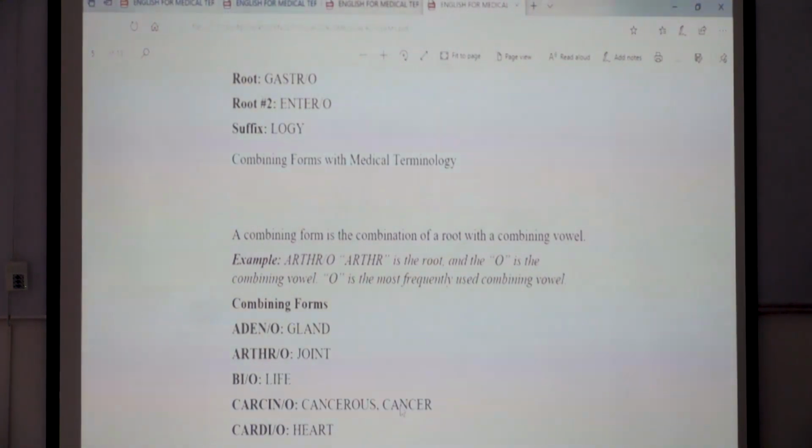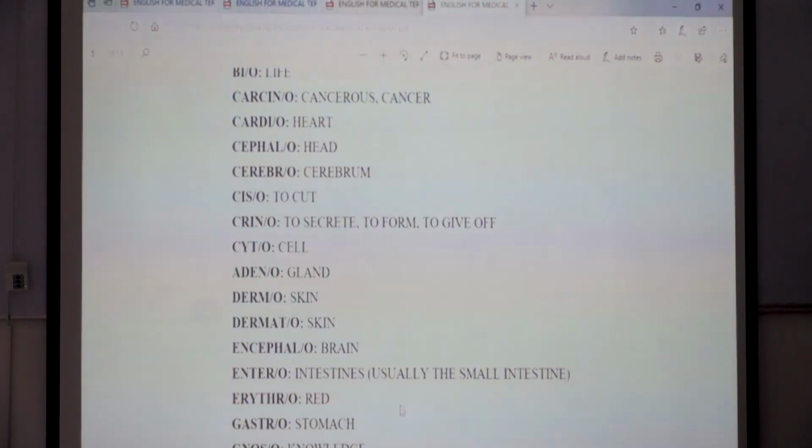Arthr, O. Adeno. Arthro. Bio. Carcino. Cardio. You see, this is what is called combining form. Cyto. Adeno. Dermato. Entero, arthro, gastro. Any question?